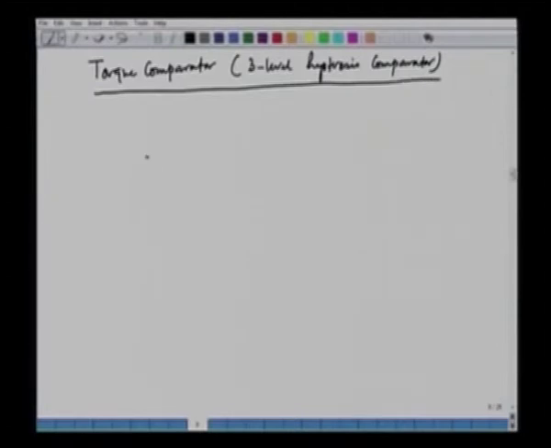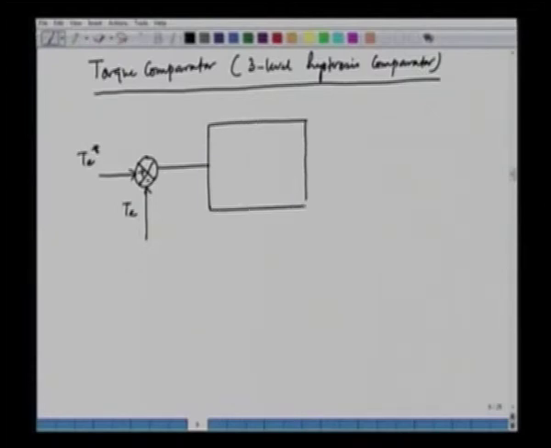We have the reference torque here, and we have the actual torque, and this is fed to a 3 level hysteresis comparator.